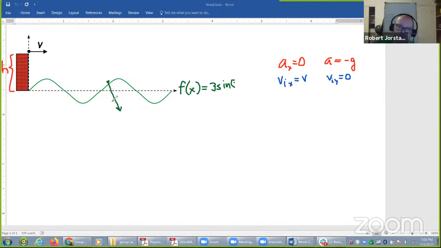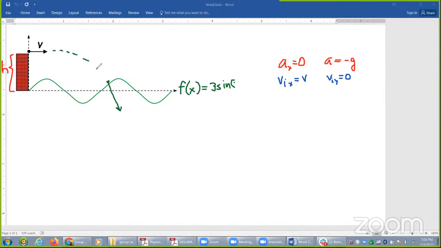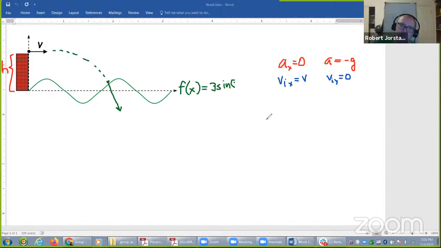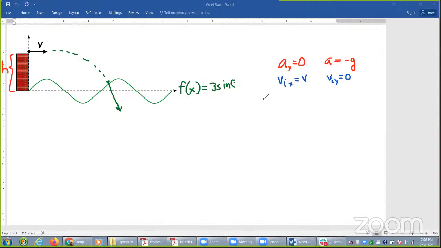The height at which it impacts will vary, because that's what the function is for, which means it might impact at a different point than we expect. But if we can find where the two intersect, then we can determine the height and the distance it goes in the y direction. Then we can use the normal kinematics equations to find the velocity, and we have both velocity components because v stays constant in the x direction.